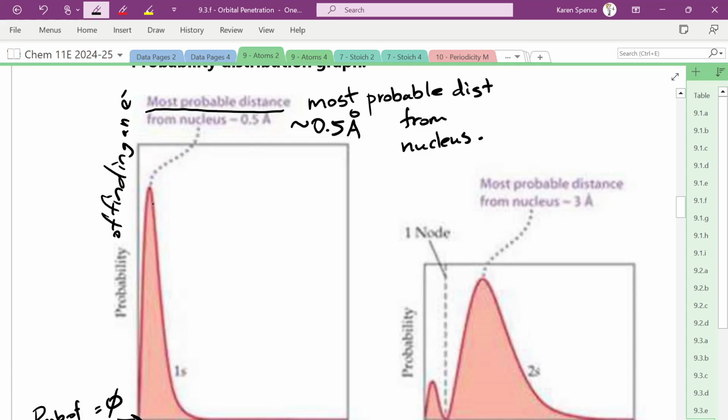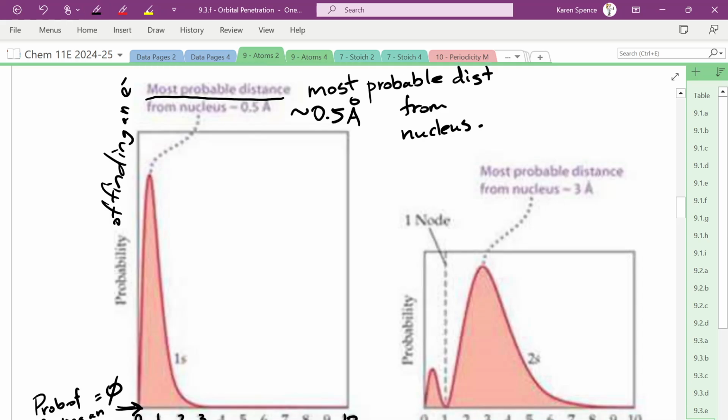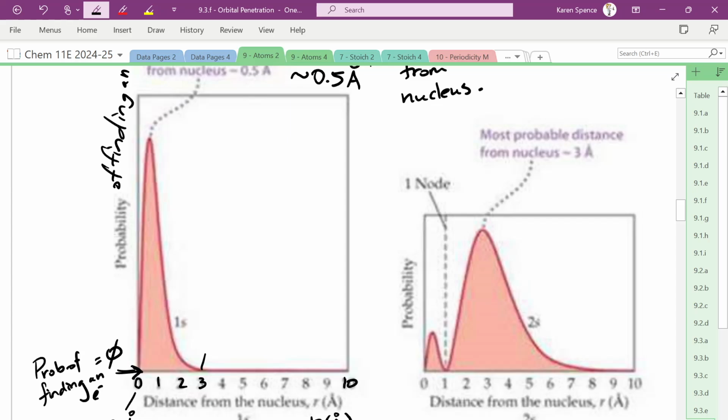And you see, it's a very, very tall peak here, and it falls away very steeply. By the time we get to about 3 angstroms, we are virtually down to 0, right? So 3 angstroms is approximately the radius of the atom. Yes?